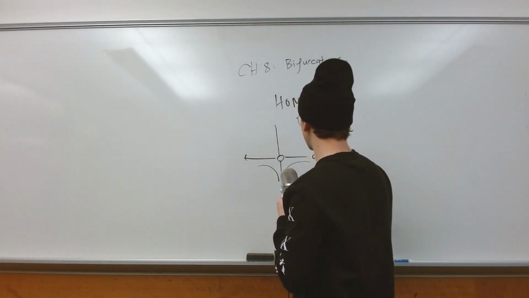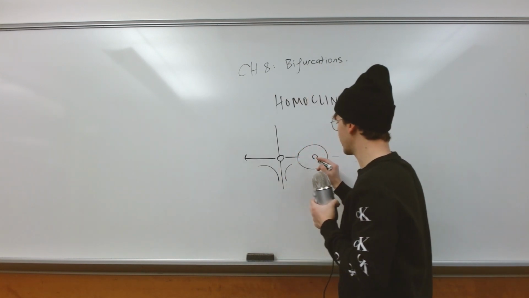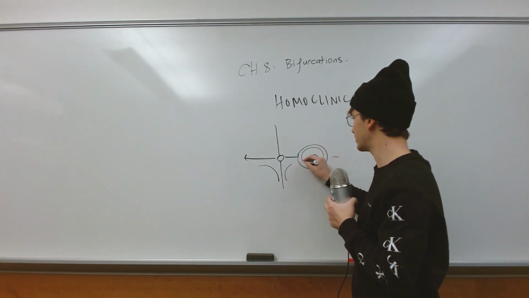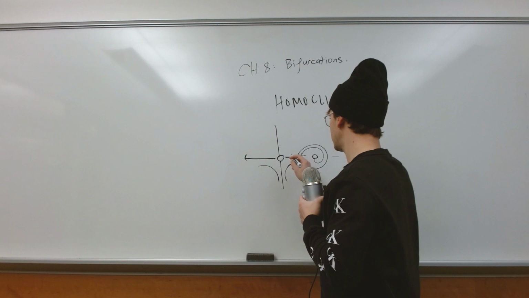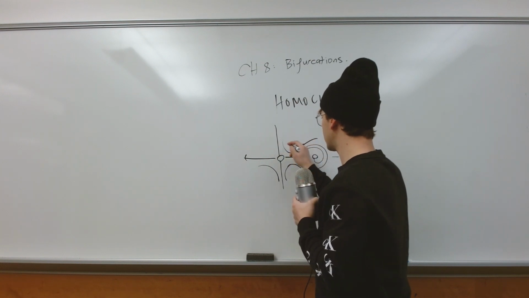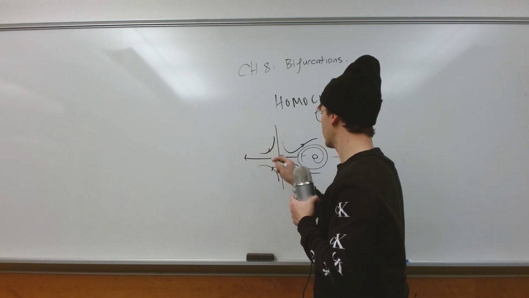So say I have some sort of supercritical Hopf bifurcation that occurs around this non-trivial fixed point here. Say I have a system that looks like this, and then I have a local saddle like this, okay?